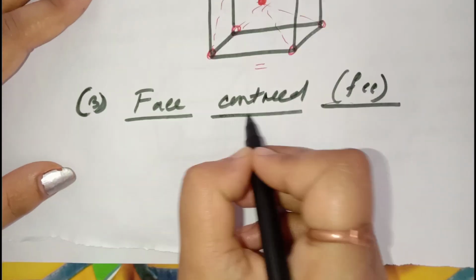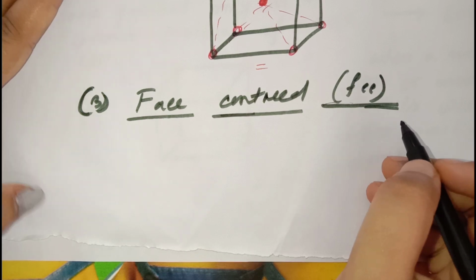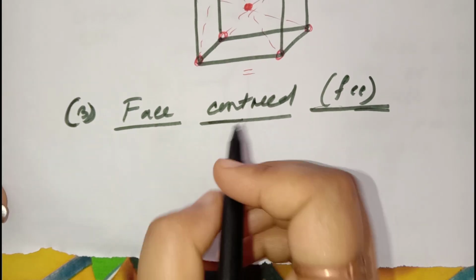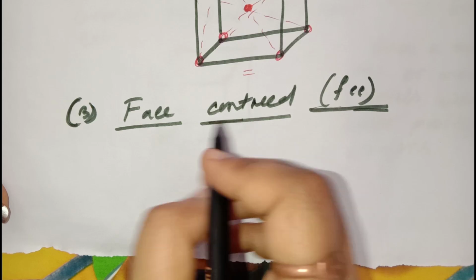Now see the face centered or FCC unit cell. In this type of unit cell, the constituent particles are present at the center of the 6 faces along with the 8 corners.